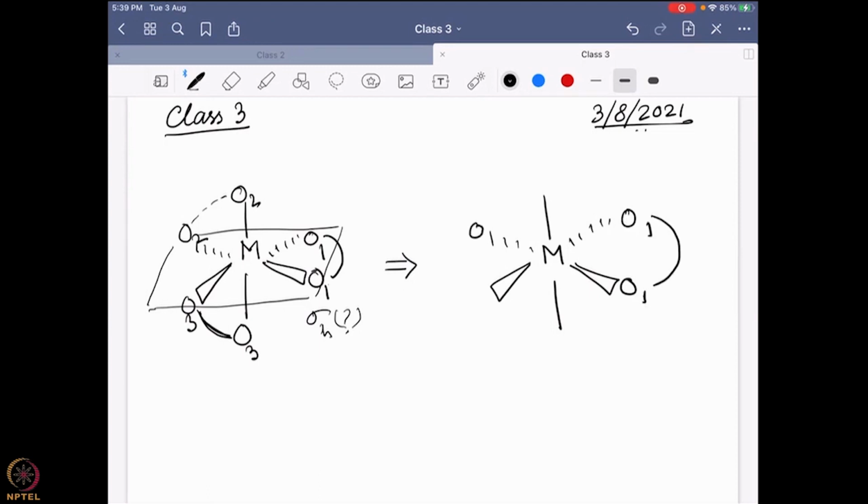Then this O2 will remain in the same plane, and this O3 is remaining in the same plane. What happens to this O2 if I'm doing a sigma operation through this plane? This O2 will go down, and this O3 will go up. So now you can see O2, O2 and O3, O3 have to connect. The oxygens are remaining, but the connectivity is different. Yes, sir. And that is why there is no sigma plane.